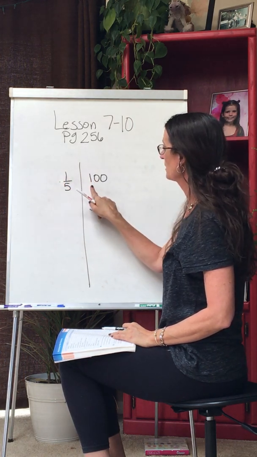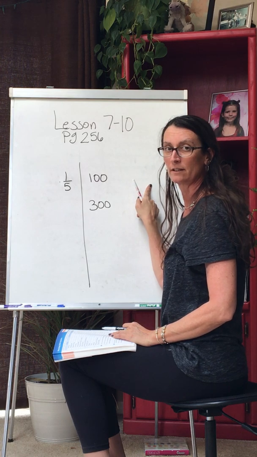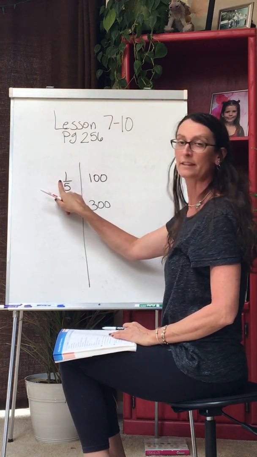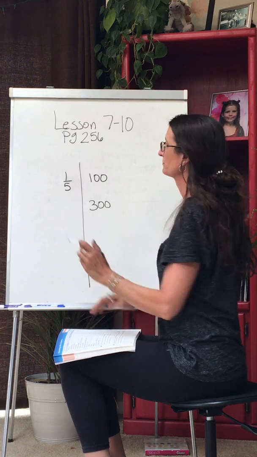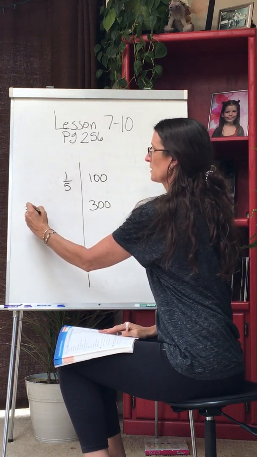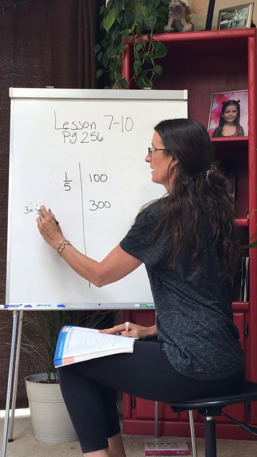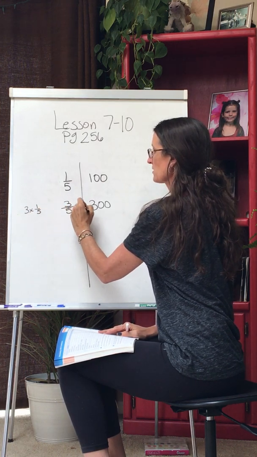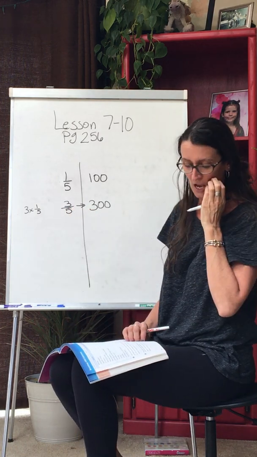To go from 100 to 300 would be times 3. So we would take 3 times 1/5, and that would be 3/5 of an hour to burn 300 calories, okay?